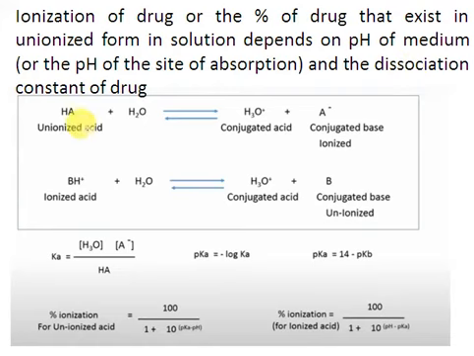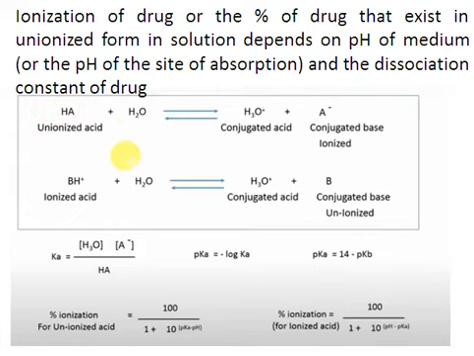So consider that we have an unionized acid in aqueous medium, and that is an equilibrium process. This unionized acid will transfer its proton to form a hydronium ion and a conjugate base, right? So we can write this dissociation constant as Ka equals the concentration of hydronium ion times the concentration of conjugate base, divided by the concentration of HA.